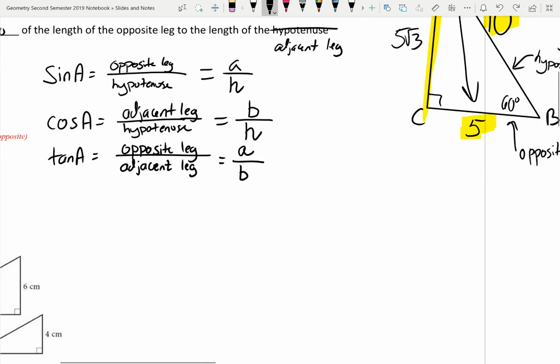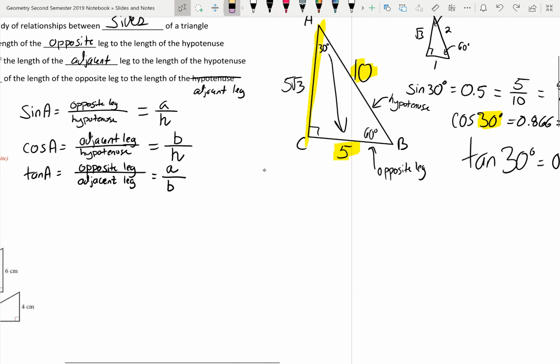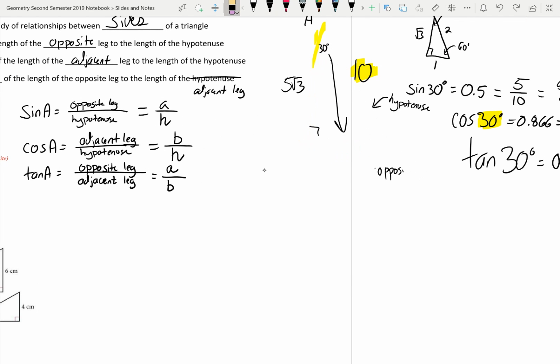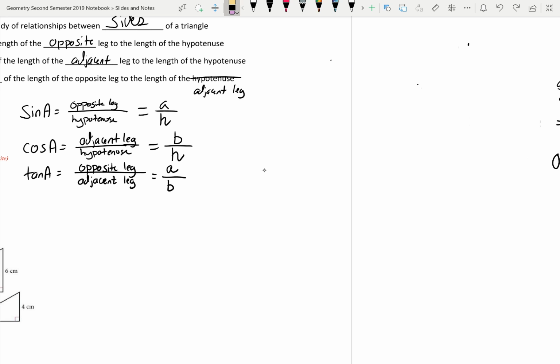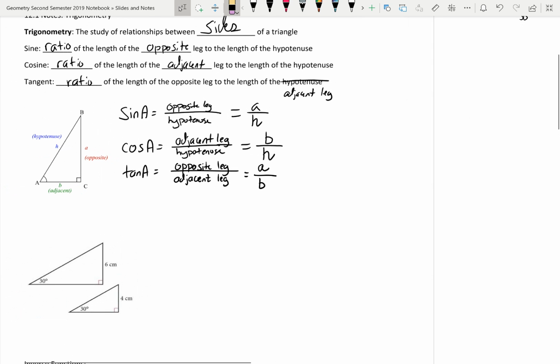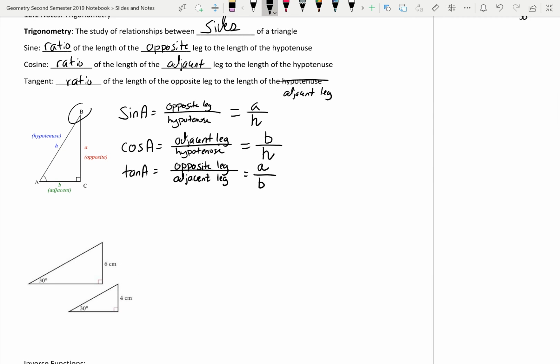Okay, well that's great, but what if we do this with respect to the other angle? I'll go ahead and erase that here so we have more room to write. What if we do this with respect to angle B now?